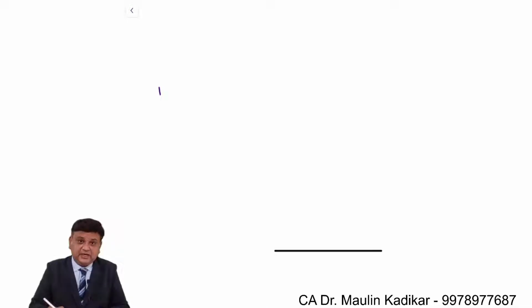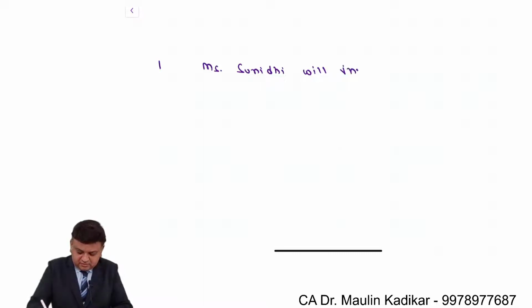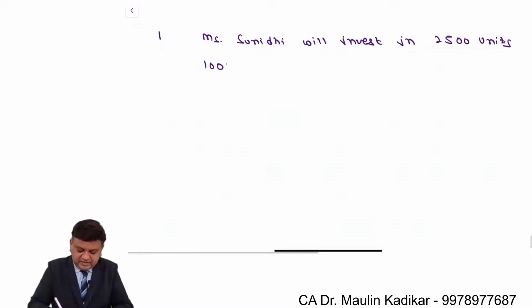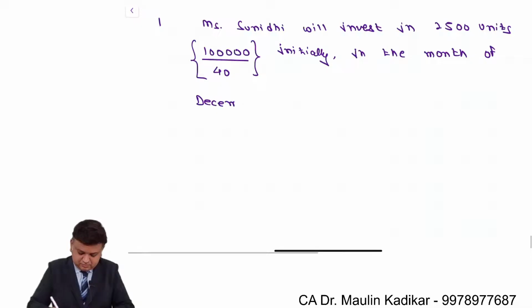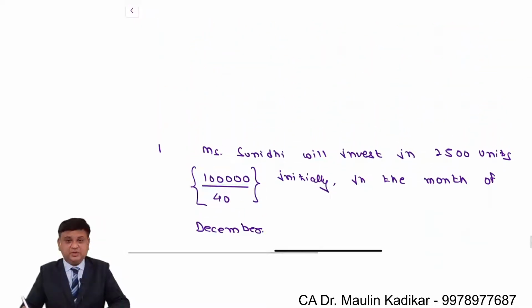So in note 1 I am writing: Miss Sunidhi will invest in 2500 units, it is 1 lakh upon 40, initially, in the month of December.